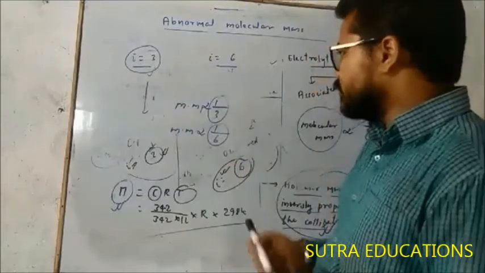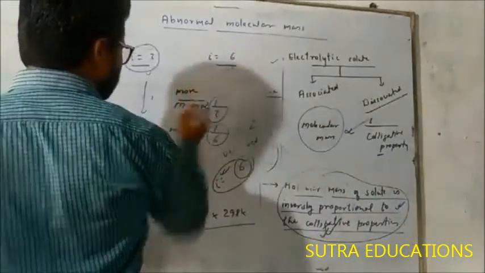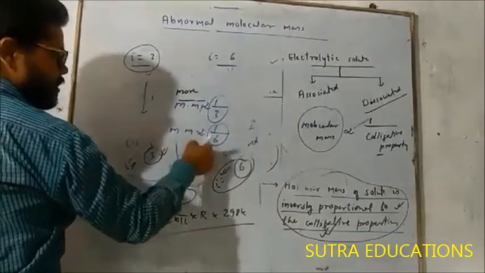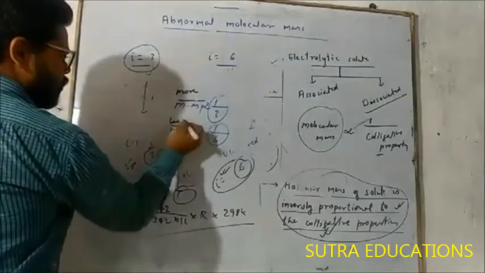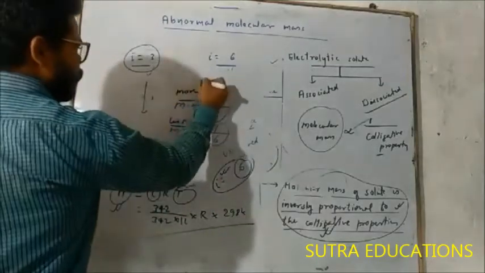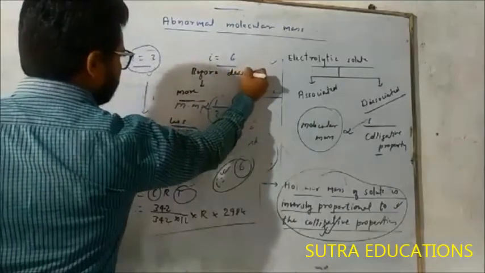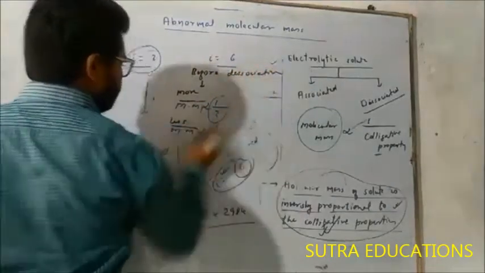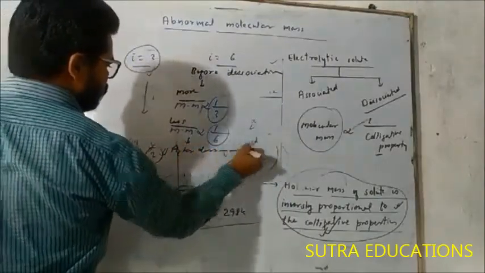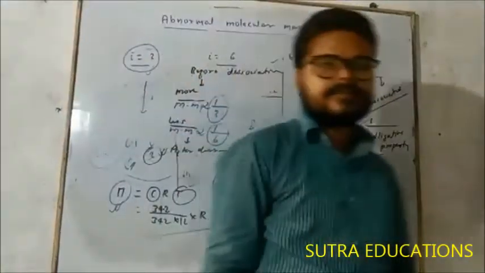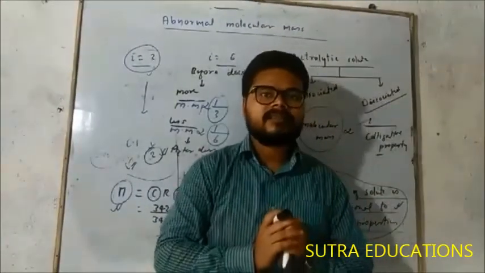It means when it is proportional to 1 by 3, its value will be more, and when it is proportional to 1 by 6, its value will be less. Getting this or not? So this is the case before dissociation, and this is the case after dissociation. It means the expected molecular mass is going to change.